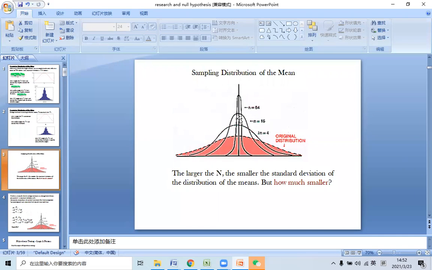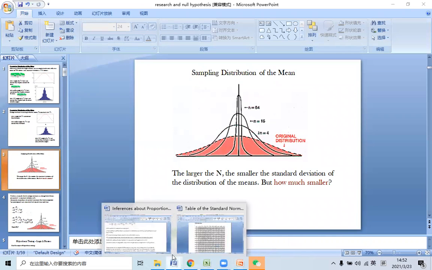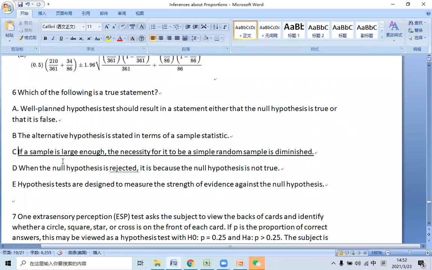Your estimate of the mean could still be biased. In order to reduce sampling bias, you will need to do a simple random sample. C is not good.